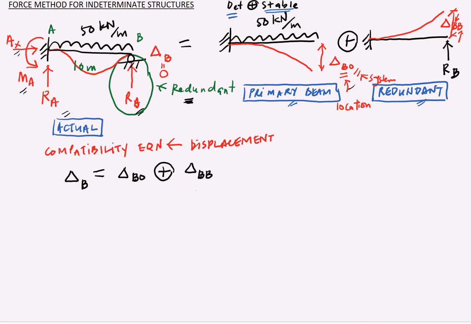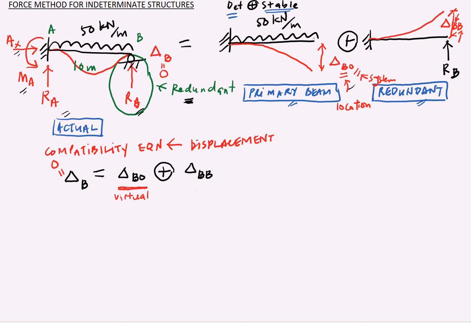And we know that delta B should be equal to 0. Now, delta B0 is quite easy to get. You can get it from the virtual method or any method that you have learned in Structural Analysis 1, for example the conjugate beam method, because this is just a cantilevered beam with a uniformly distributed load.